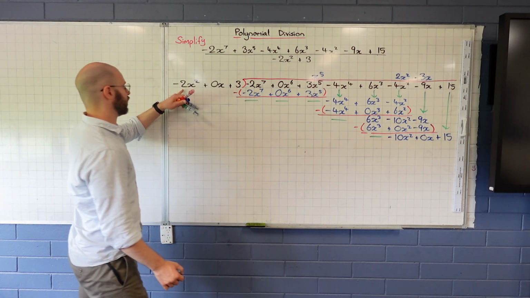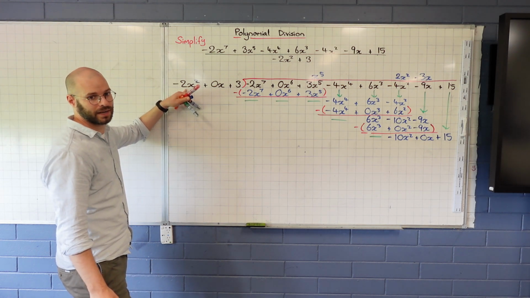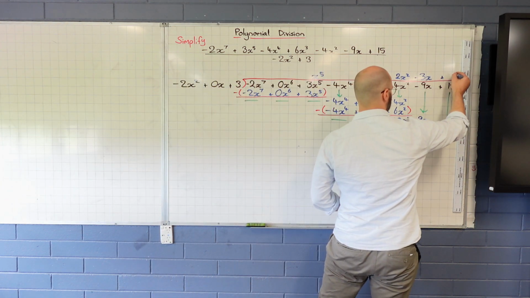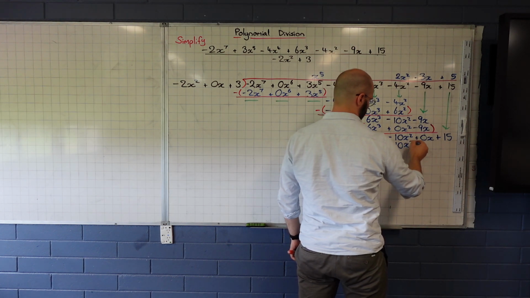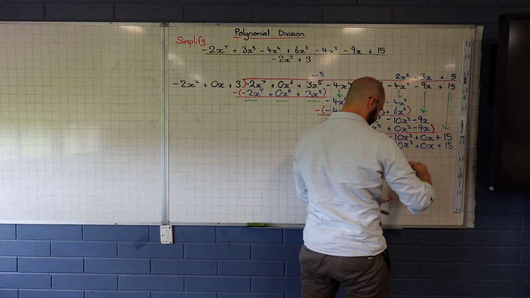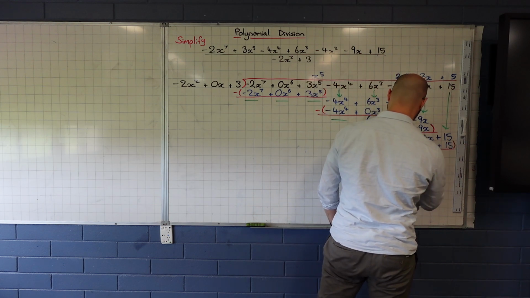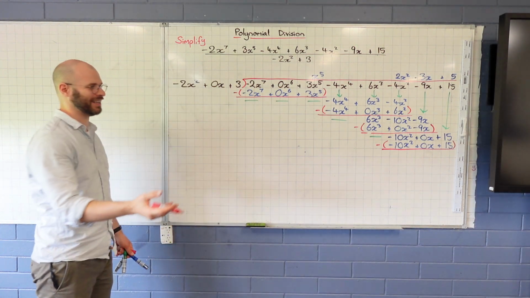Okay, what do we do to turn this into a minus 10x squared? We multiply it by 5. Yeah, normal 5. Just 5. How do I know that? Just faith. So I'm pretty sure it's right.